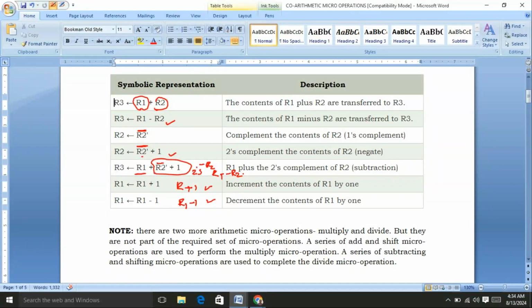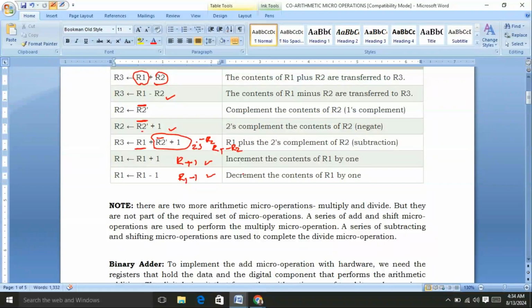And we may have a doubt: why are multiplication and division not considered micro operations? We know that a micro operation is an elementary operation, but multiplication is not.